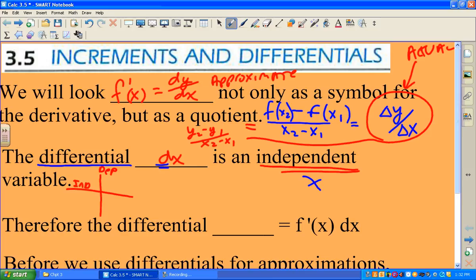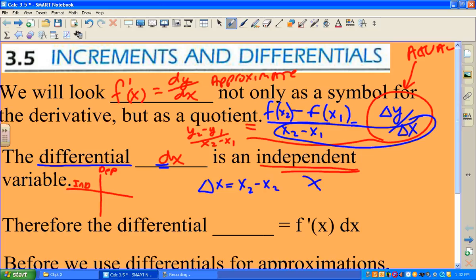Yes, differential has derivatives in it. Now the actual change in x is delta x. You notice the difference in the terms are close. dx stands for the differential of x. Delta x stands for the actual change in x.